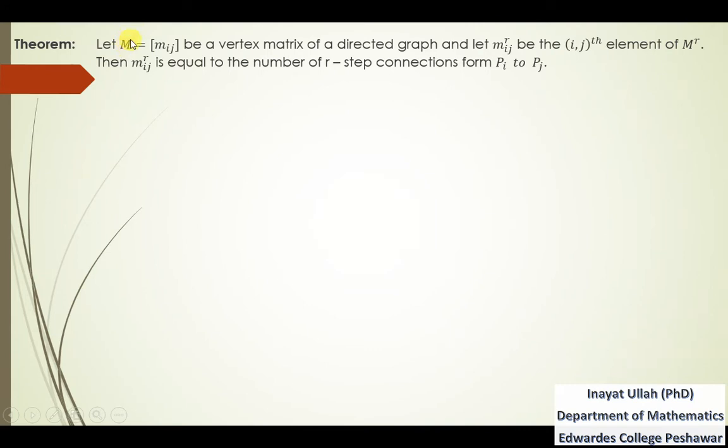You need to calculate M square, M cube, and so on. That is the entry which is obtained by multiplying M 2 times, 3 times, and so on.